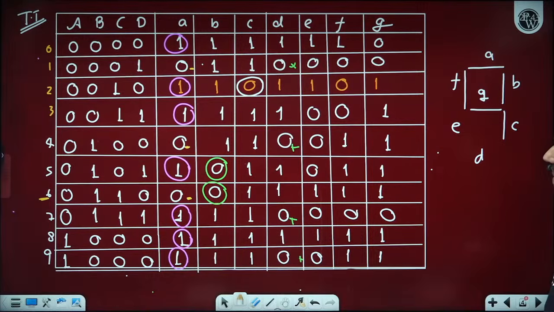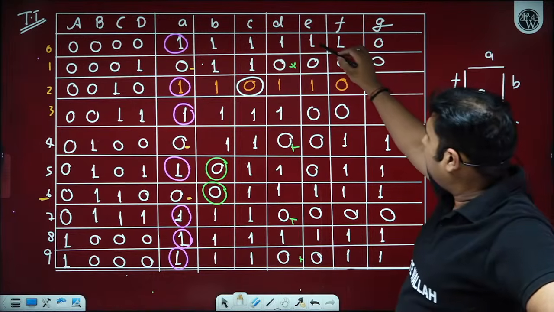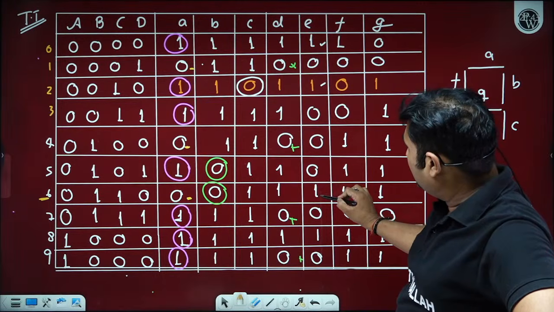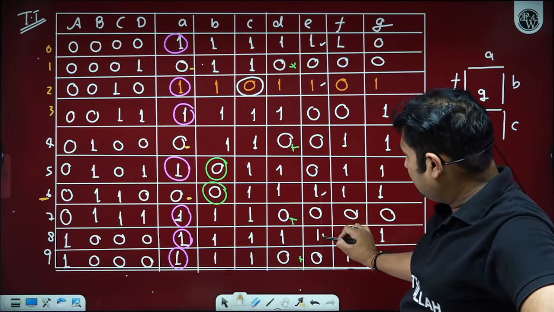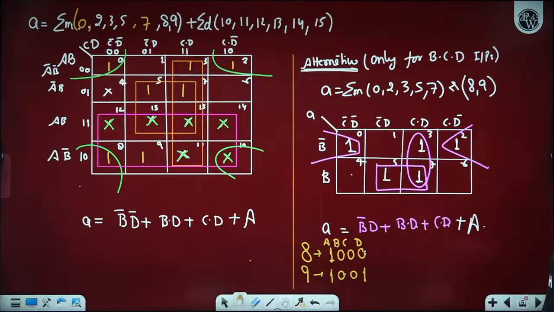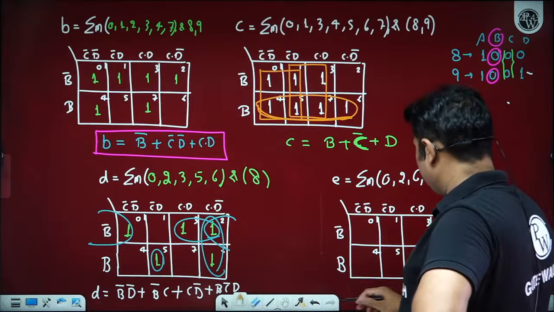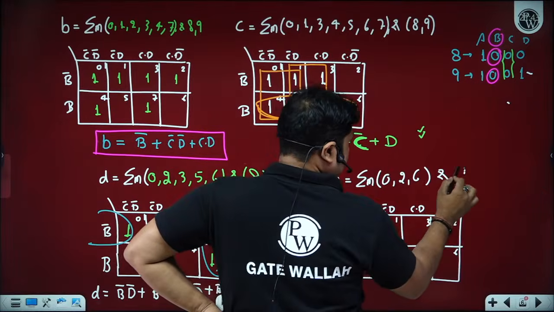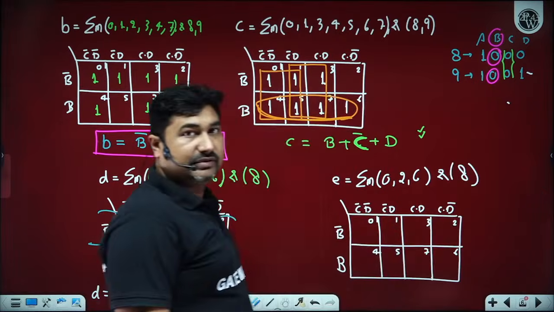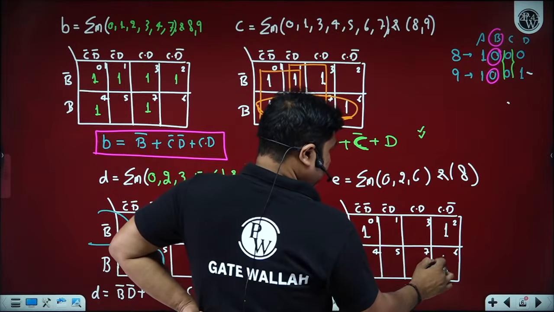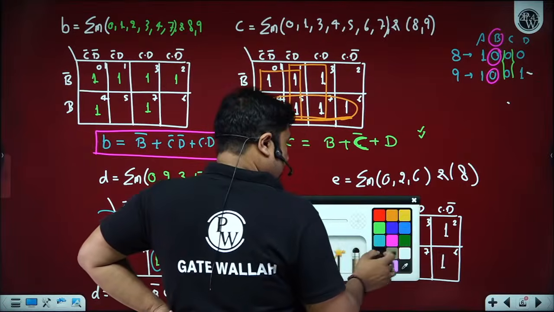So what is E? For E we are getting high on the binary conditions of 0, 2, 6, 8. I am writing 0, 2, 6, 8 because 8 and 9 we will check, so 0, 2, 6.